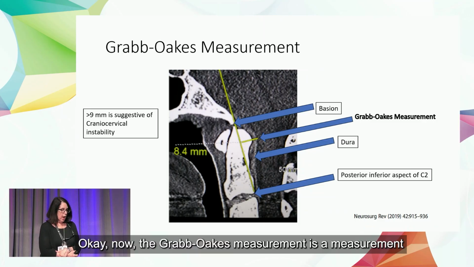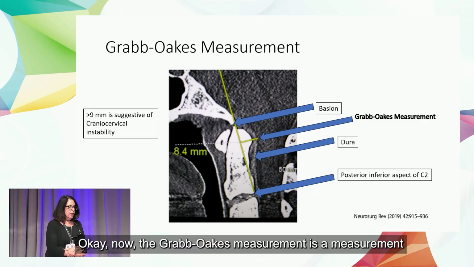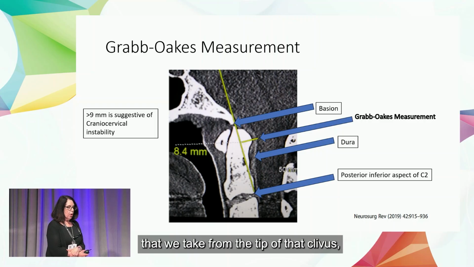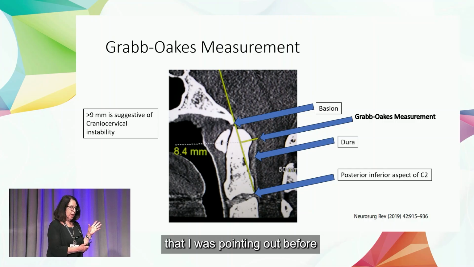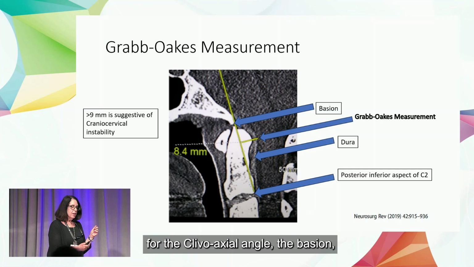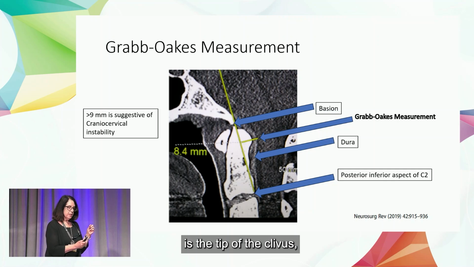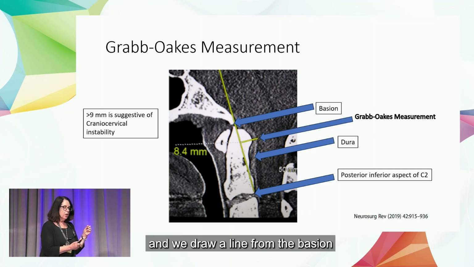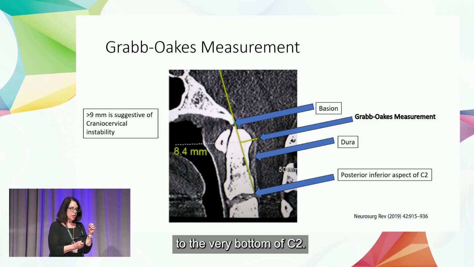Okay, now the Grabb-Oakes measurement is a measurement that we take from the tip of that clivus. So that's that triangular shaped bone that I was pointing out before for the clivo-axial angle. The basion is the tip of the clivus, and we draw a line from the basion to the very bottom of C2.